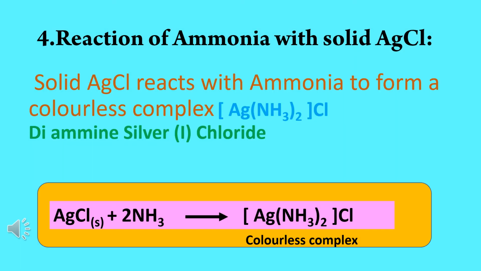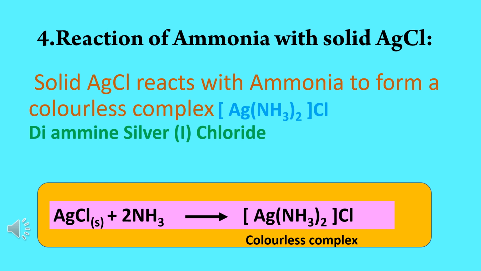Coming to the next important reaction, ammonia with solid silver chloride. Solid silver chloride reacts with ammonia to form a colorless complex called diamine silver(I) chloride. The chemical equation is AgCl plus 2NH3 gives rise to [Ag(NH3)2]Cl.